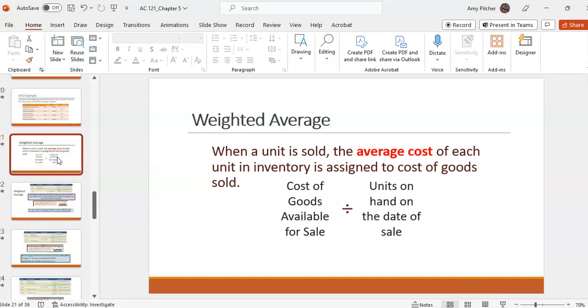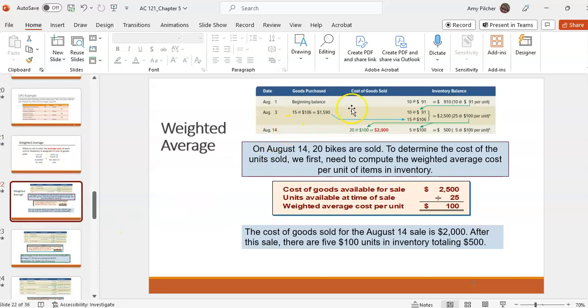Now, weighted average. So whenever a unit is purchased or sold, the average cost of each unit in inventory is assigned to the cost of goods sold. So every time we buy new inventory, we add the previous cost plus the new cost, take the average, and that's the cost we use. So let's look at this example. We start with 10 at $91.